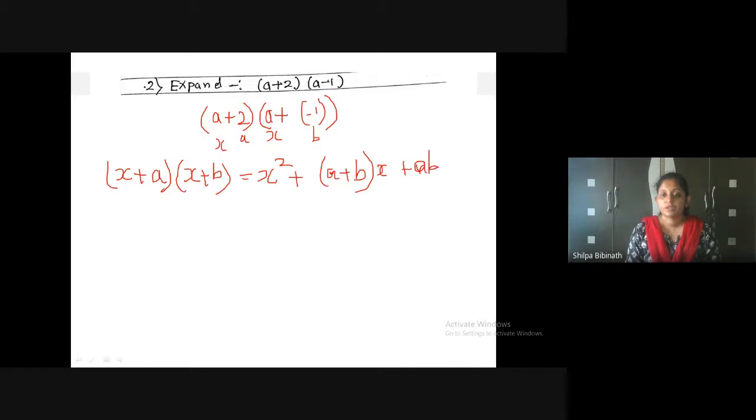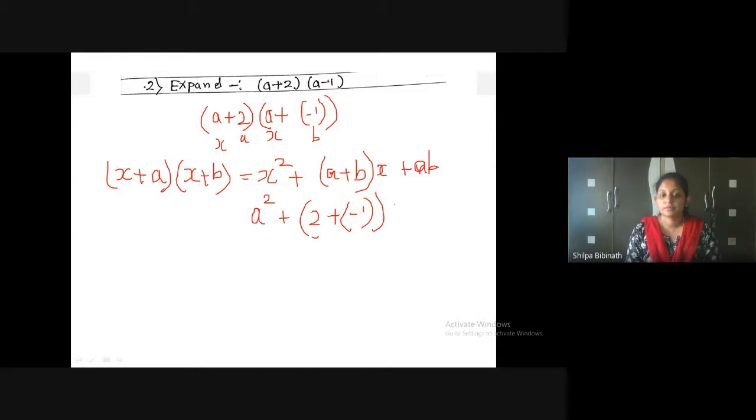Okay, now substitute. We know x is what here? X is actually a in the question. As per the question, it is a square plus a plus b means what? 2 plus b is minus 1. Outside the bracket, what is x?